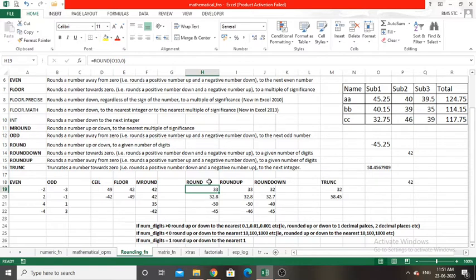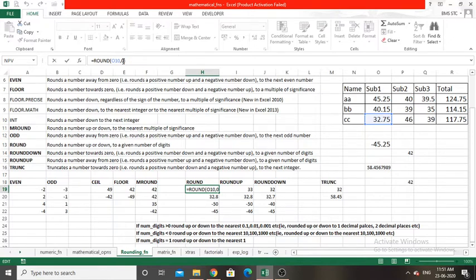So you are rounding 42.75 as 43 yourself. This is what happens in the ROUND function. Here I also passed 32.75. So what will be the rounding of 32.75? Which is 33, right?